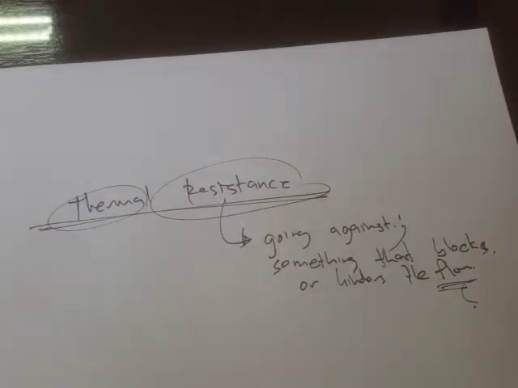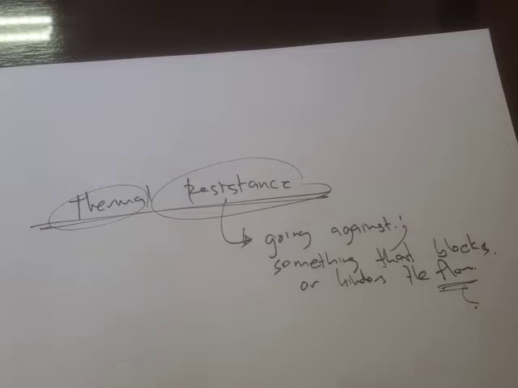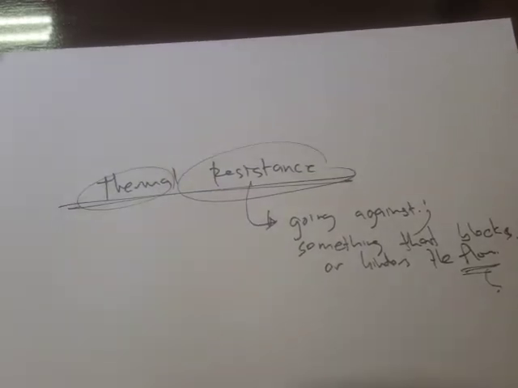We can actually understand this thermal resistance if we discuss it in terms of an analogy between fluid flow, electric circuits, and heat transfer resistance. So first, let's talk about electric circuits.